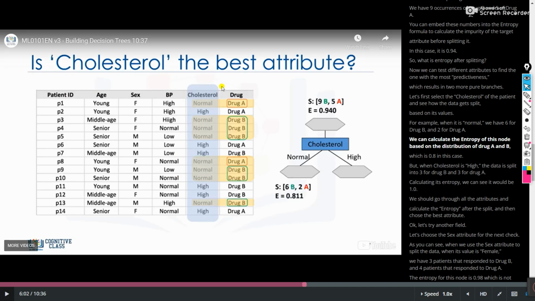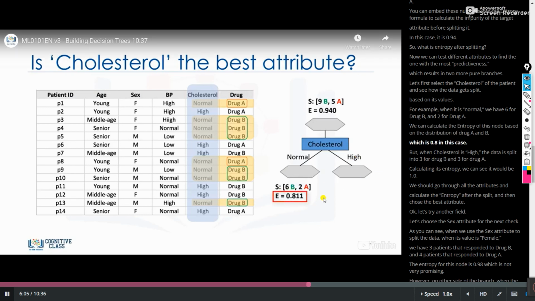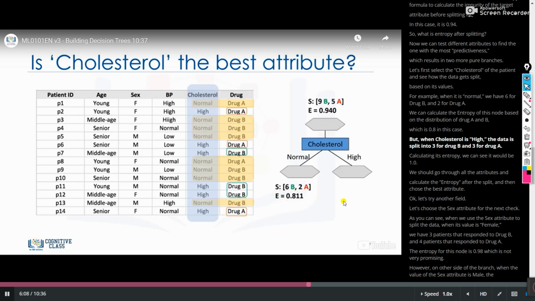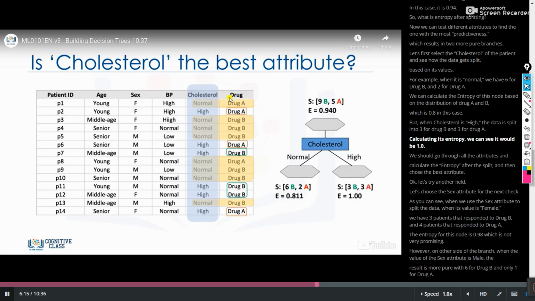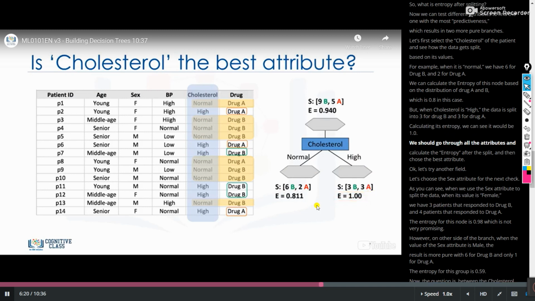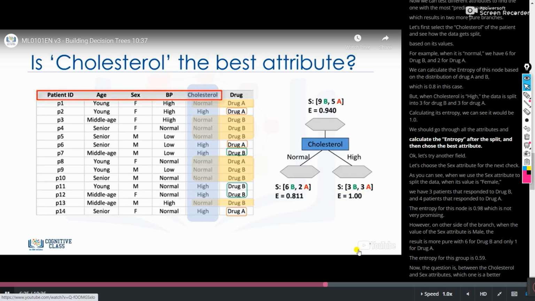With respect to drug A, how many have normal cholesterol? With respect to B, how many have normal cholesterol? Similarly, on the high side, those having high cholesterol, how many B are there, how many A are there, and I'll calculate the entropy again.